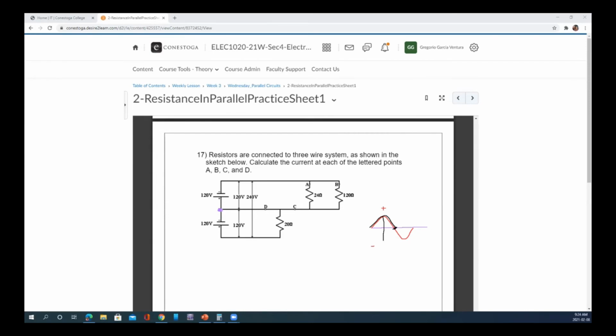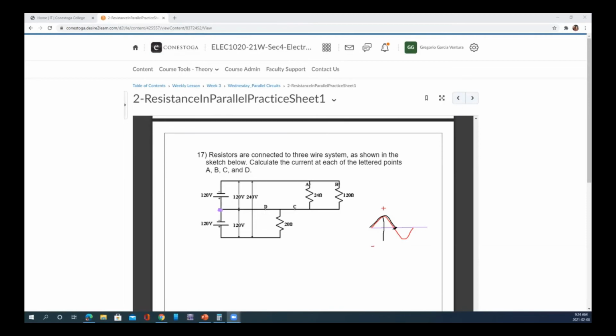No flow would happen because they have the same potential in that case. So in a circuit like this, I just want you to keep in mind that between point A and C, we have 120 volts. Between point B and C, we have the same 120 volts.